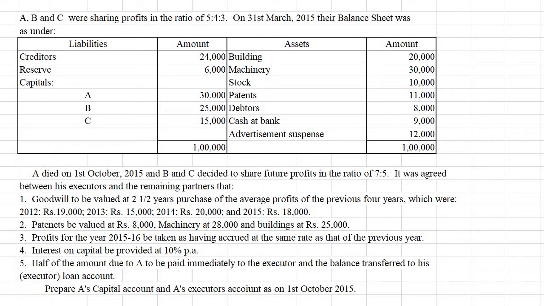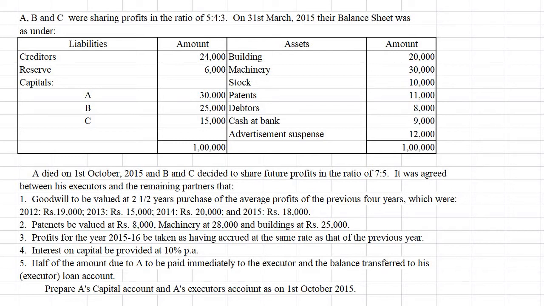That means the old ratio among B and C was 4:3. Now they decided to change the ratio to 7:5. So in such a case, there will be a slight difference in the treatment of share of profit up to the date of death. That is the key adjustment in this problem that we will discuss later.